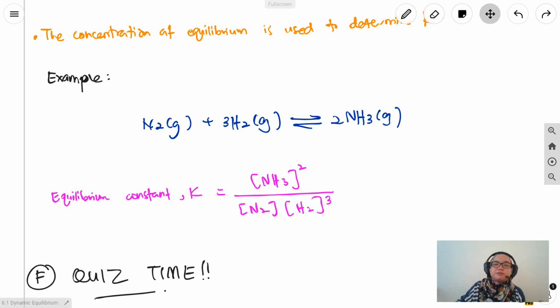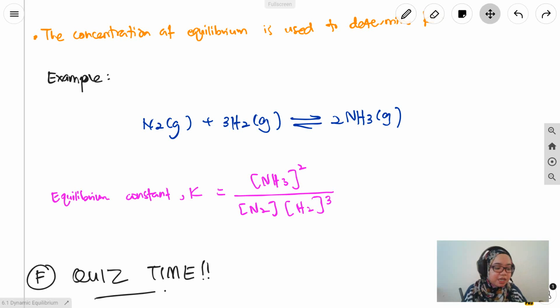Okay, so this is how you write the equilibrium constant expression. And of course, if they give you the value, you can substitute the data into this concentration so that you can find the value of equilibrium constant K.